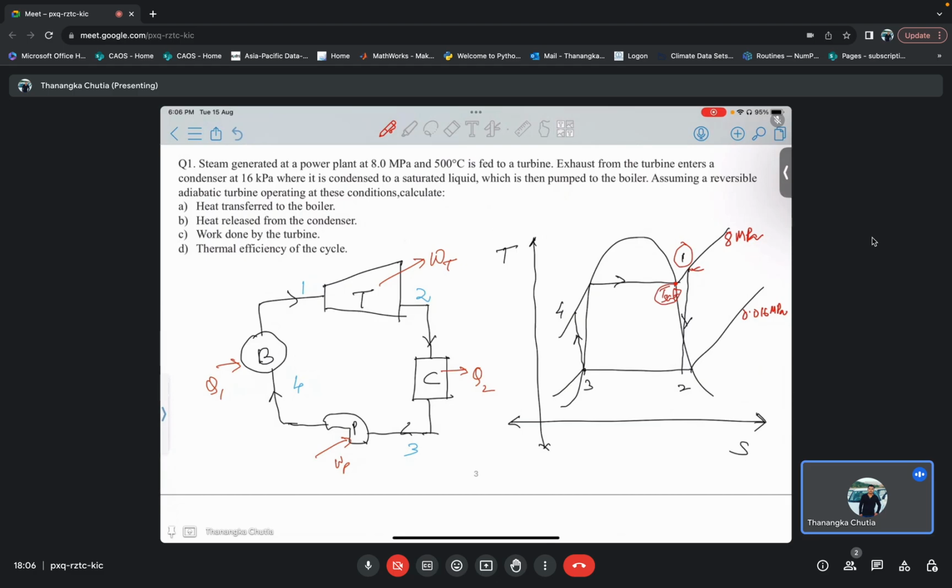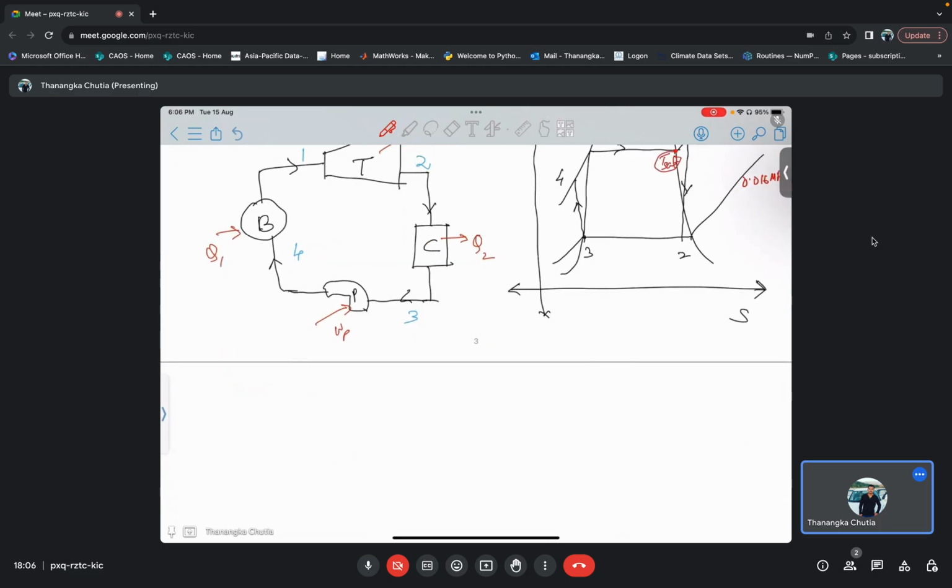If my 500 degrees Celsius is greater than the T saturation value, then my point will lie inside this dome shape. And if my 500 degrees Celsius is greater than the T saturation value, then the point will lie outside.